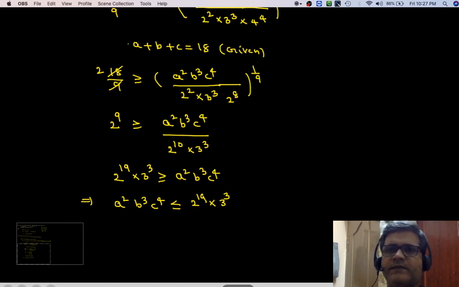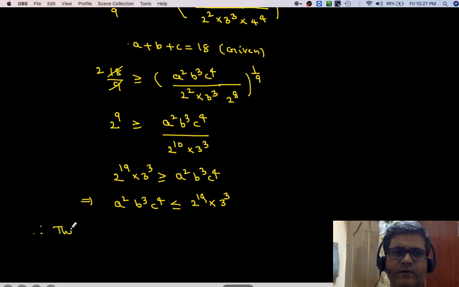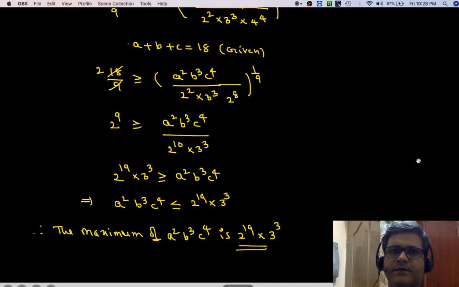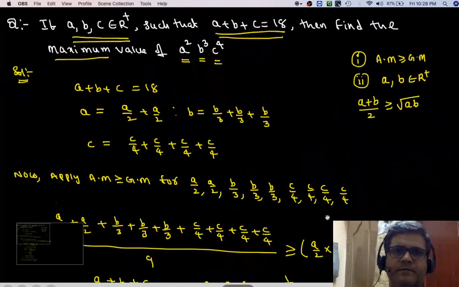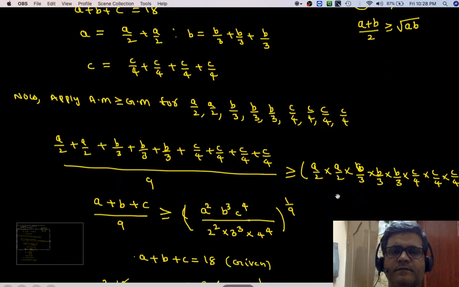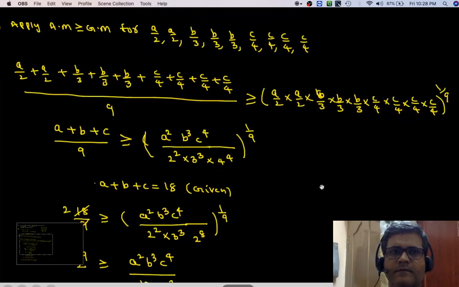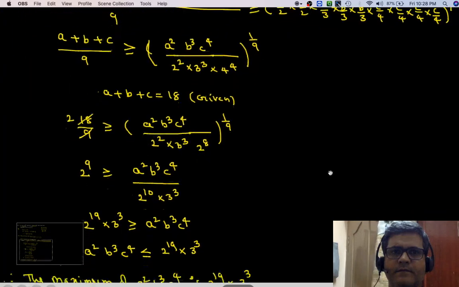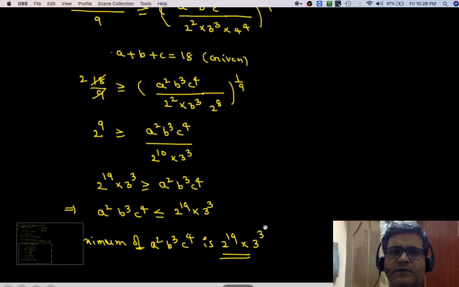So the maximum value of a square b cube c power 4 is 2 power 19 into 3 power 3. This is your answer.